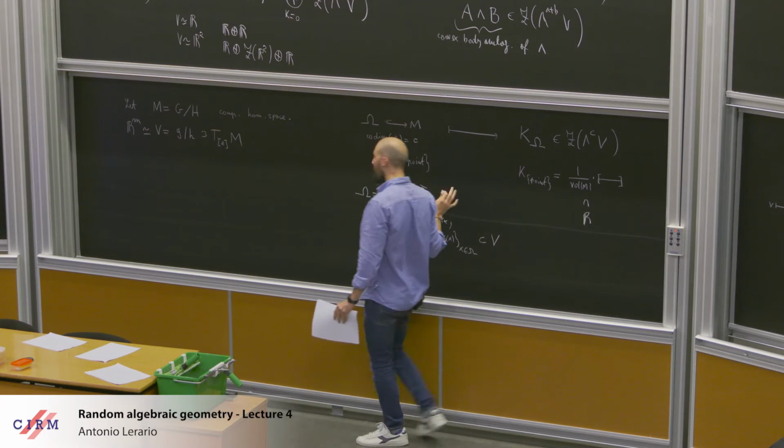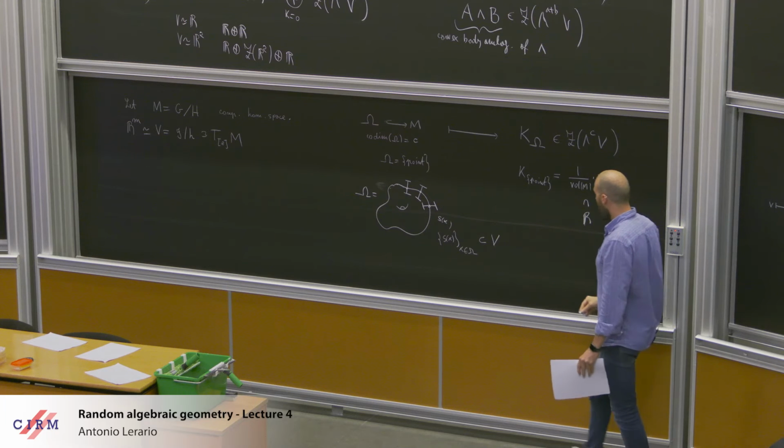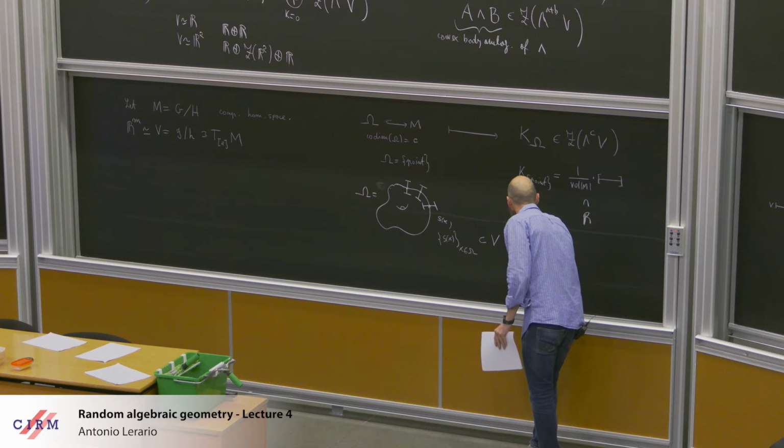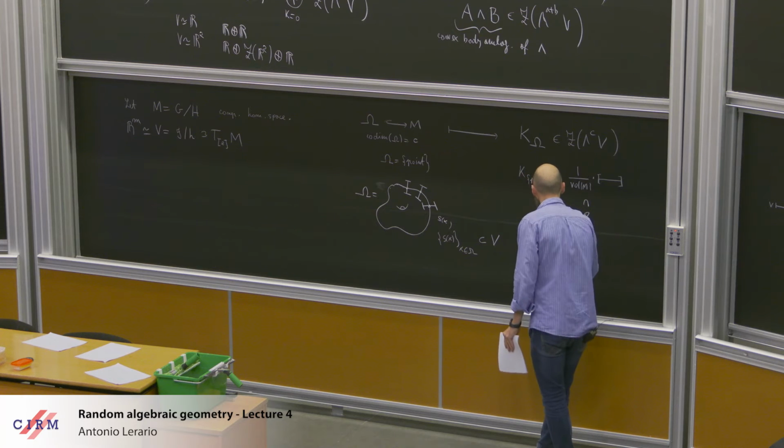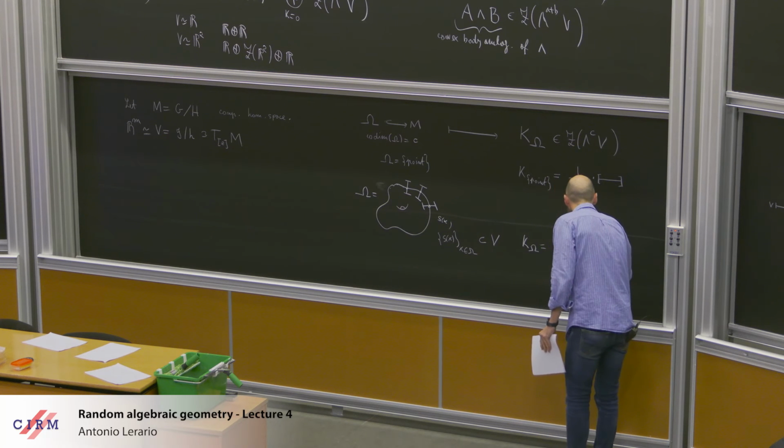Of course, this involves a choice, but the construction does not depend on the choice of this identification. And then this thing here, I write it this way if you want. Let me explain in a second. So it's the integral over omega, and then the integral over the stabilizer.